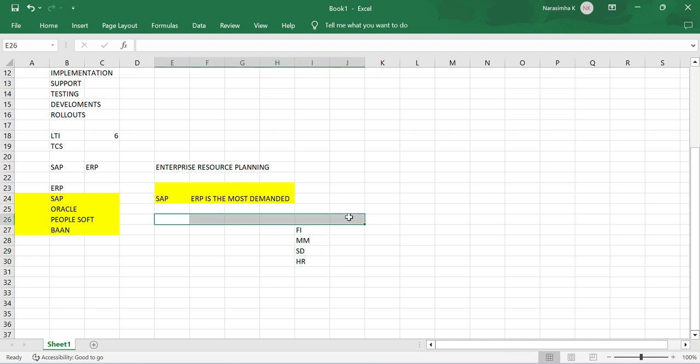SAP will integrate all these departments in one system. If you log into SAP, you can connect to all these departments. That is why it integrates all systems in one system. That is the SAP ERP. That is why SAP is the most demanded ERP in the world, and it has a high success rate.